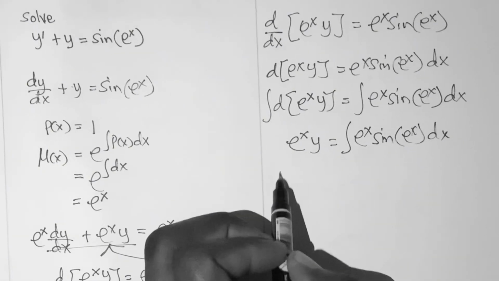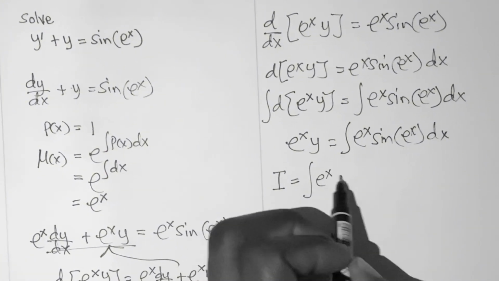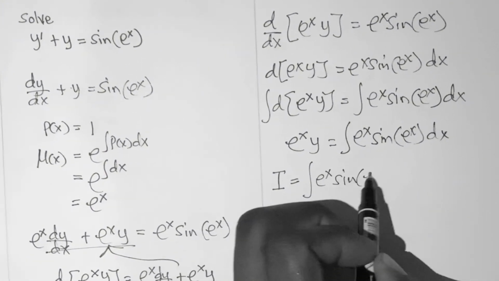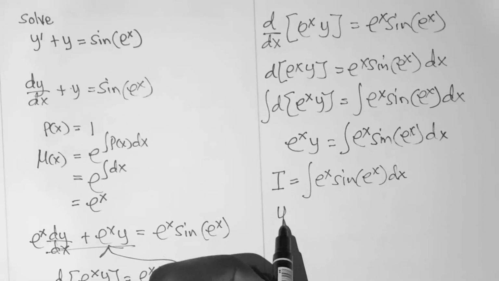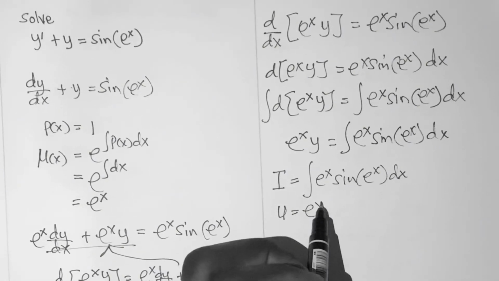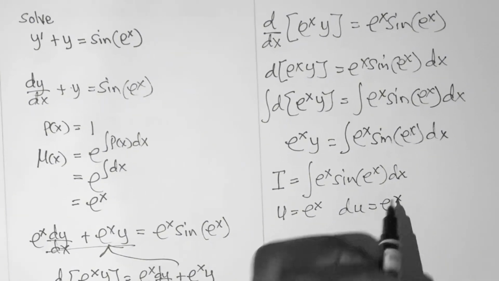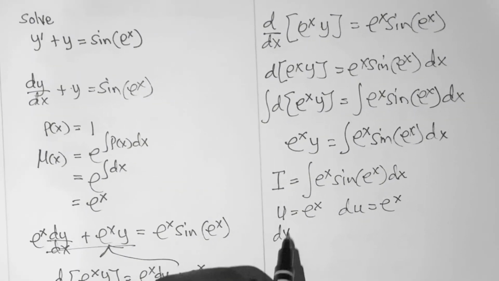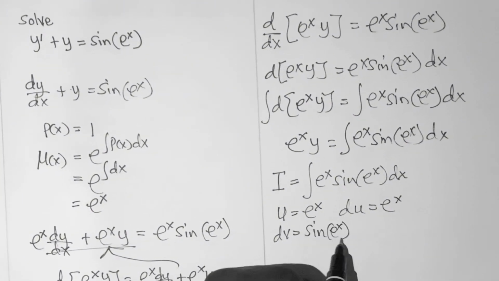So what we do is that let's let I be equal to the integral of e^x sin(e^x) dx. So now let's let u be equal to e^x. du in this case is equal to e^x. And let's let dv be equal to sin(e^x) dx.